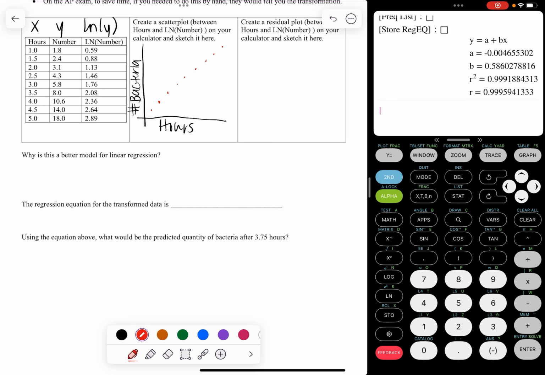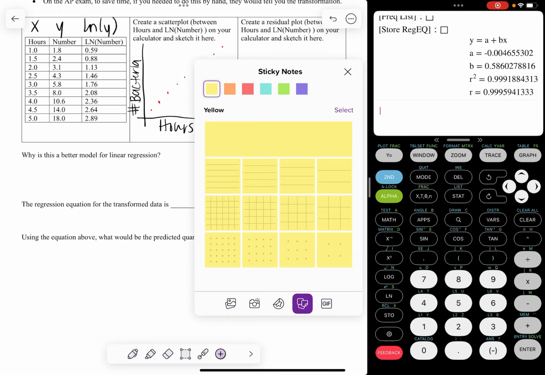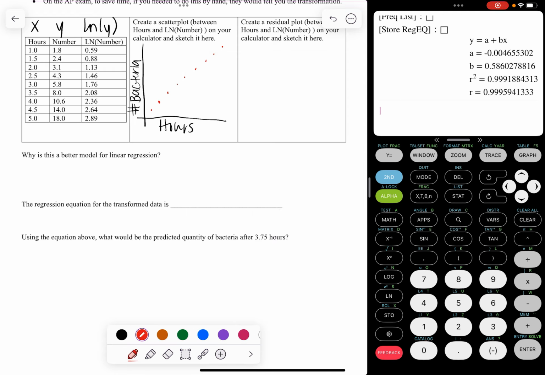And then I'm going to go ahead and fill in my next part just so I don't have to keep going back and forth. So this is going to be the ln of bacteria, because that's my y value, and its predicted y, so I'm going to give it a little hat, is equal to the y-intercept from my calculator, which is negative. If you have zeros, I always go to at least the first digit.